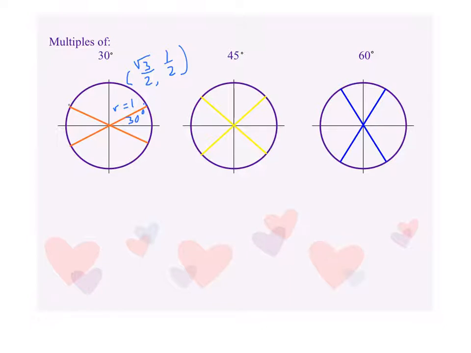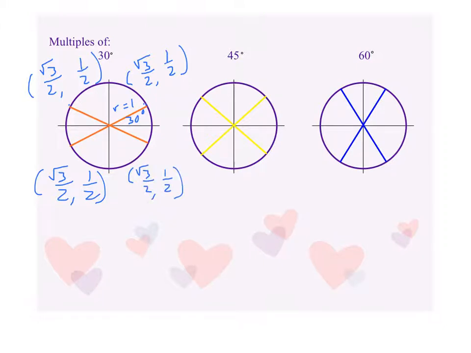Okay? So in fact, what I can do here is go through and just write in square root 3 over 2 comma 1/2, except possibly for the sign. That's square root 3 over 2 comma 1/2. And over here in quadrant 4, that is square root 3 over 2 comma 1/2.